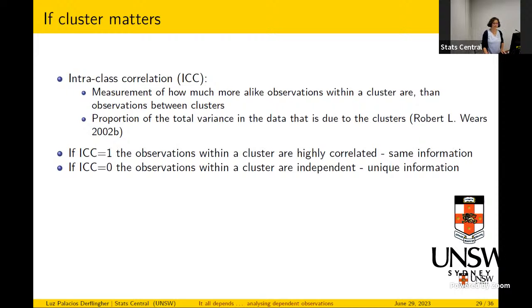So if it's 0, then we can use linear models. We don't need to worry about it. But if it's closer to 1, then we have to use mixed models more surely. Even if it's small, we should be using methods that take that into account. And in our example, that's the formula of ICC. If people are interested, there are different ICC formulas, depending on how many levels you have, how your model is.